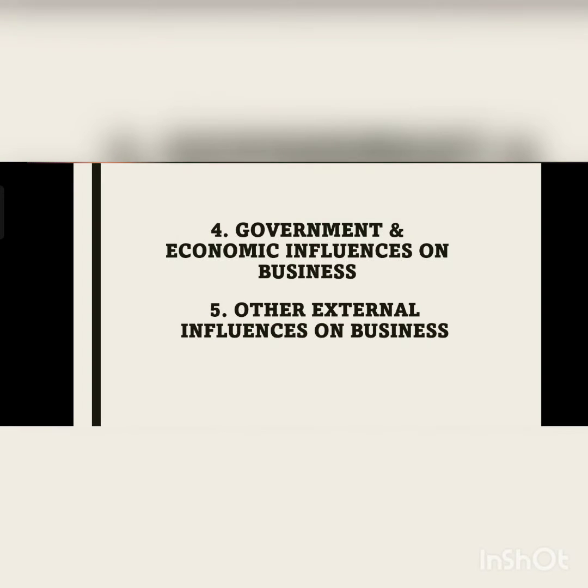Then you have government and economic influence on business, or you can say other external influences on business. Basically, there are two kinds of influences that affect business. First is the micro level factors, and the other are the macro level factors.